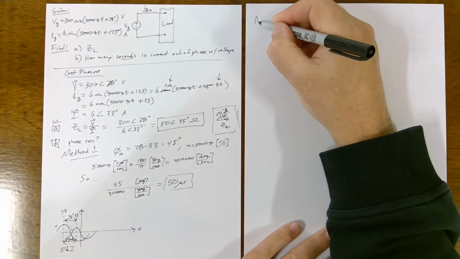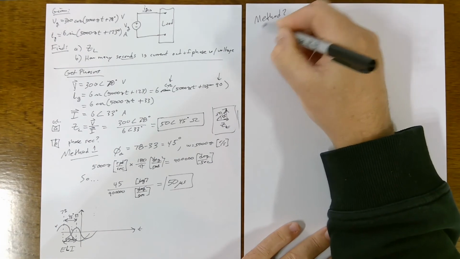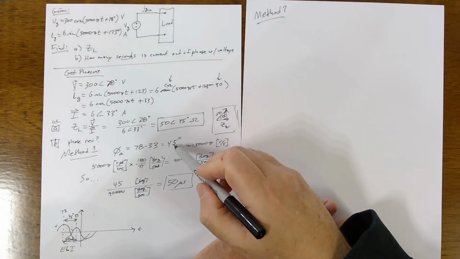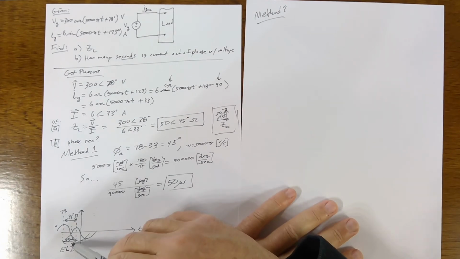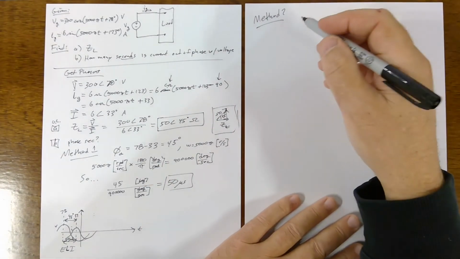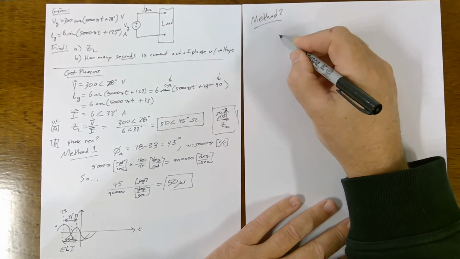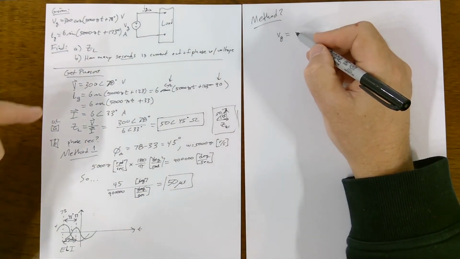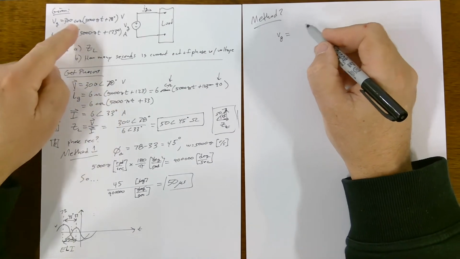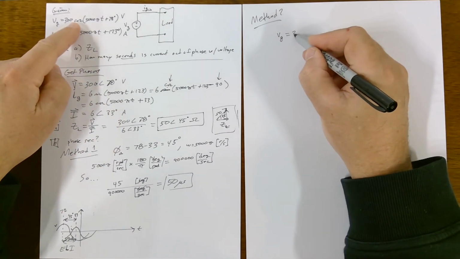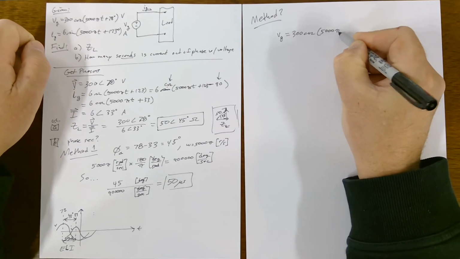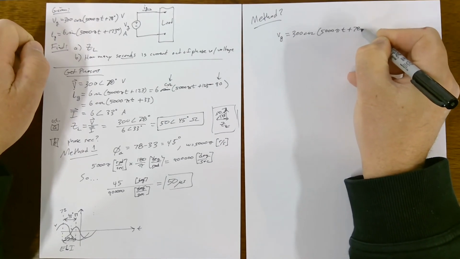Here's another way. Instead of just starting with the 45 degrees and getting that into time, you could go all the way back into the time domain. So we can get v of t. That's already given. v of t is 300 cosine of 5,000 pi t plus 78 degrees.